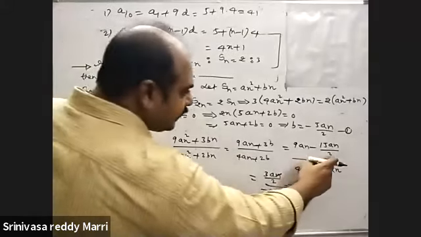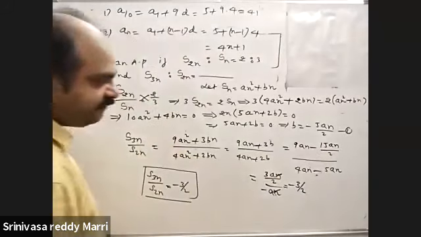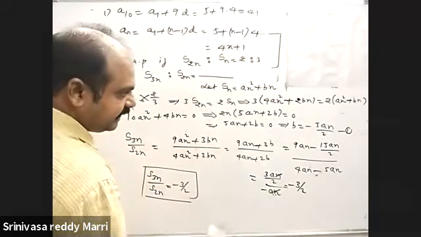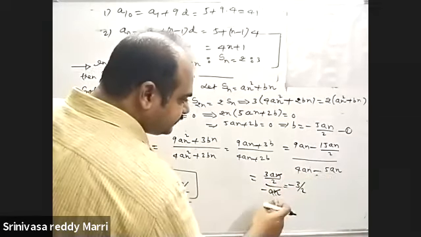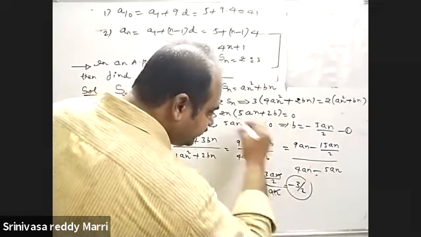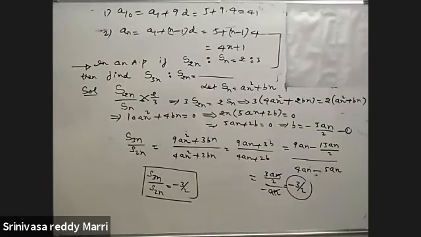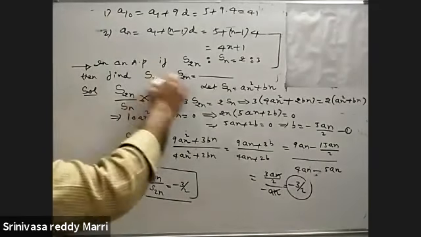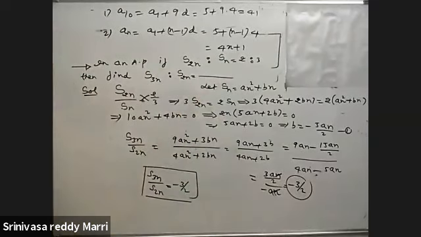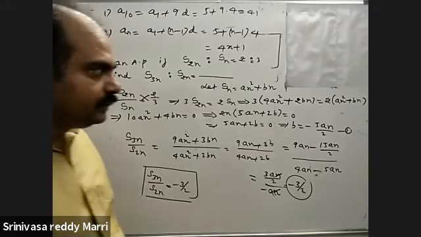So this is 18an minus 15an, 3an by 2, divided by minus an. Like that you can easily calculate the ratio. Whenever the ratio is given and asked, follow this approach. This will be easy.